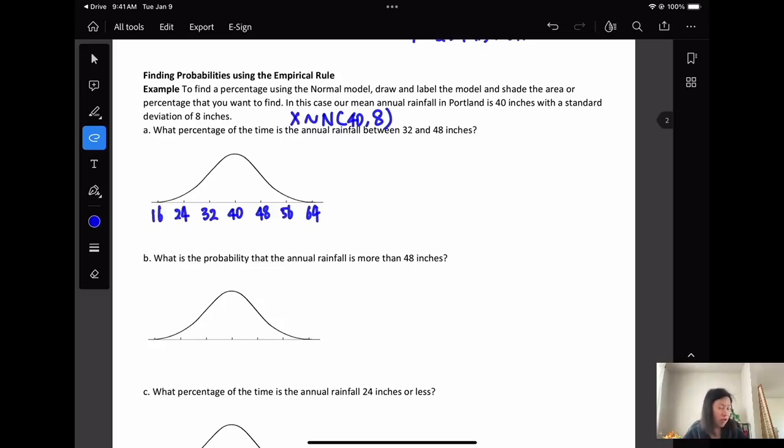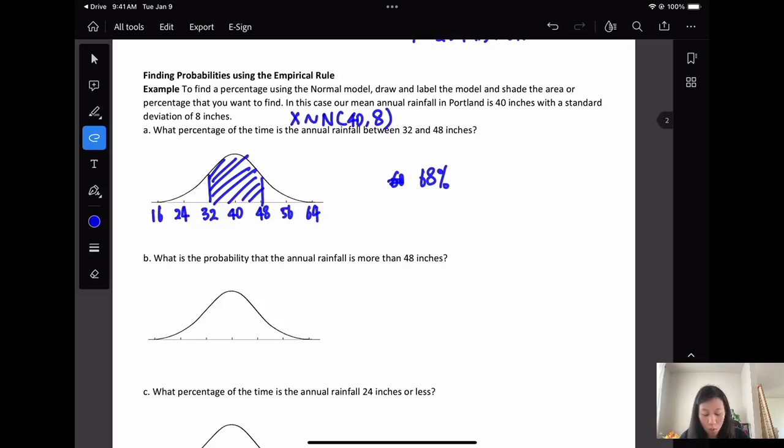Subtracting 3 standard deviations is going to be 16. So if the rainfall is between 13.2 to 48 inches, that means the rainfall is going to be in this area, which is 68% of the time the annual rainfall is between 13.2 and 48 inches.